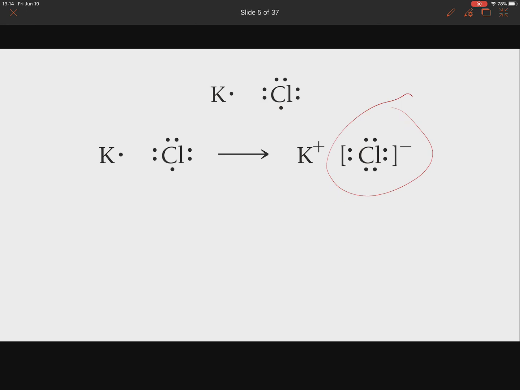So you would get magnesium, you'd get oxygen. You'd want to know where their columns are in the periodic table. Magnesium is in column 2, so we could load him up. Oxygen's in column 6.